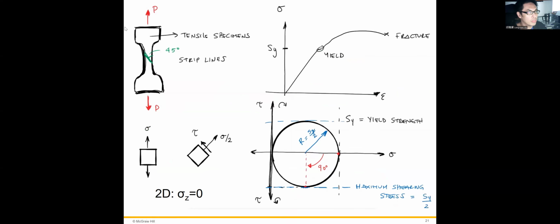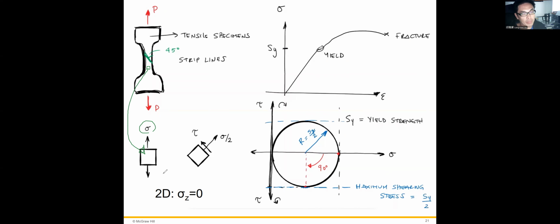Suppose we pick a small infinitesimal element from this tensile specimen and look into its stress state. It is under the tensile stress.